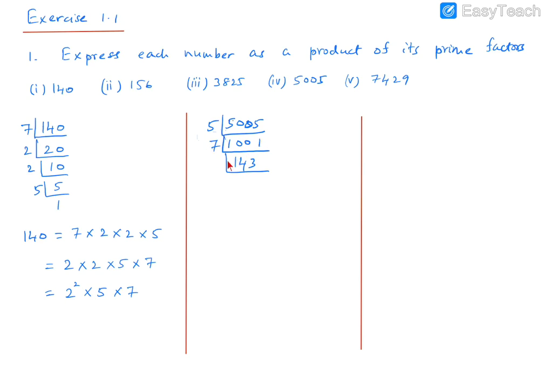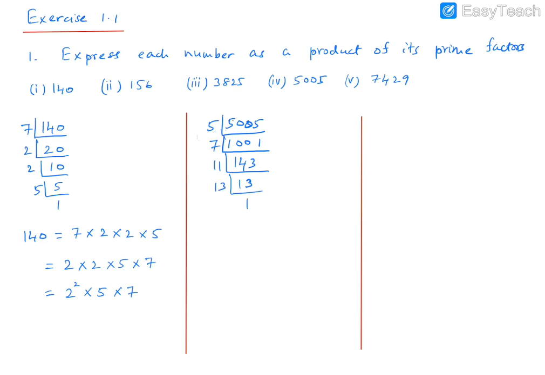7 goes, in fact, 143 times. And then we see which is the next number that divides 143. The next prime number that goes into 143 is 11. 11 goes into 143 13 times, and 13 in fact is a prime number, so 13 goes into 13 1 time.